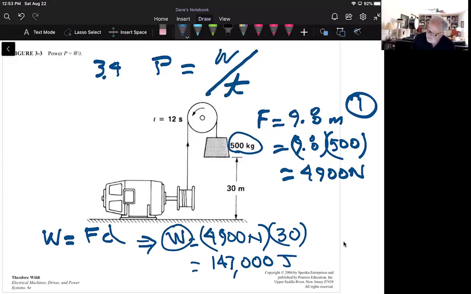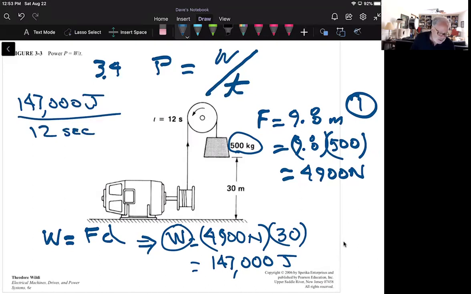So now we're actually ready to apply our equation, and I'll try to write that up here. 147,000 joules divided by 12 seconds. And that is going to come out to be 12,250 watts.